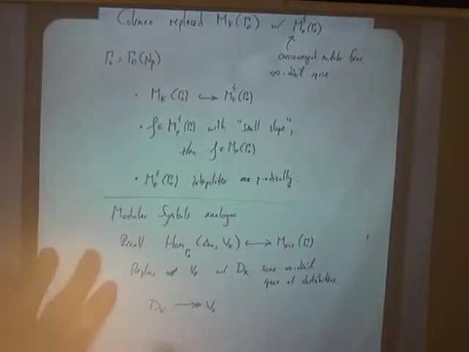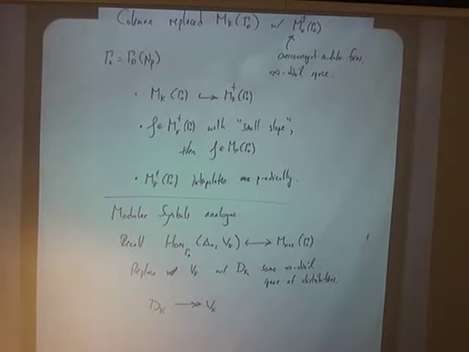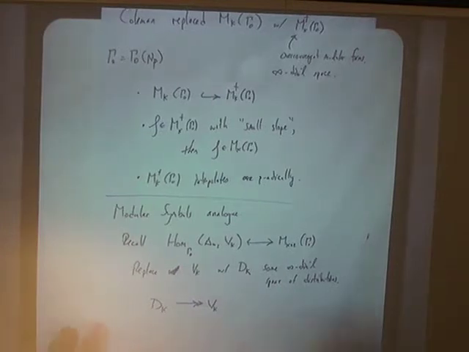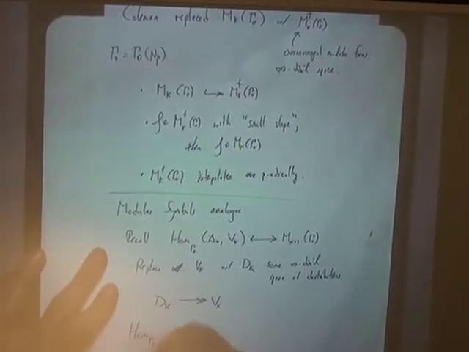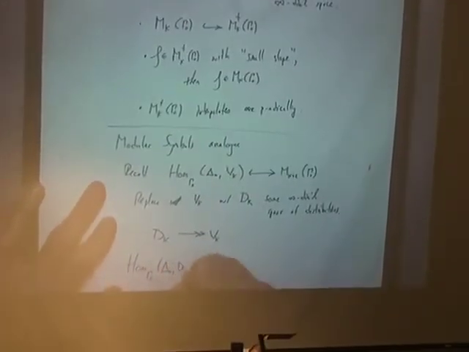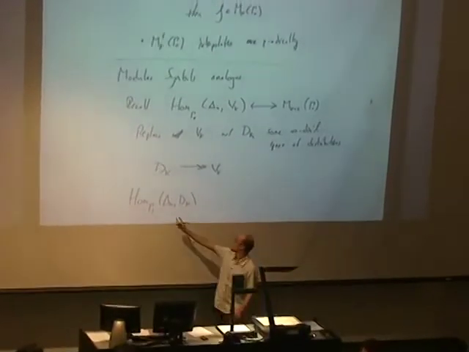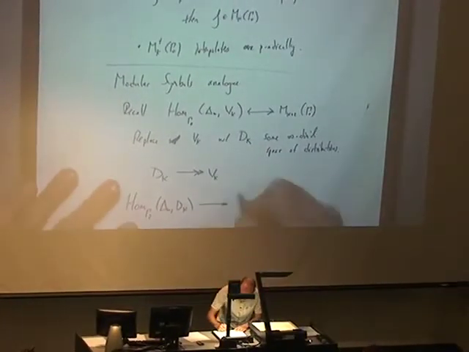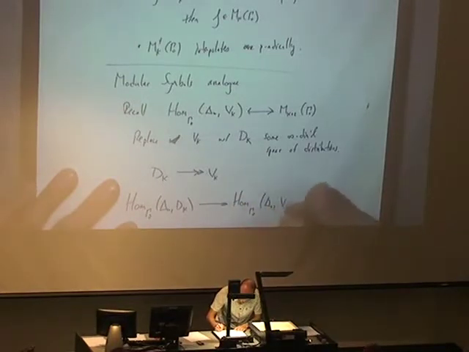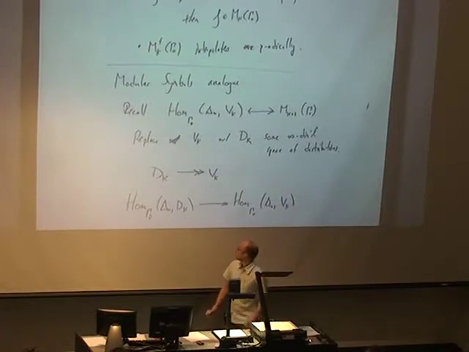So once you have a surjective map, then I can push forward modular symbols. I could look at modular symbols with values in D_k. This is going to be the space of overconvergent modular symbols. And then I can just map them to classical modular symbols, so-called specialization.